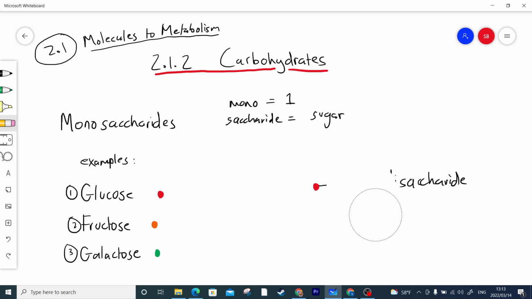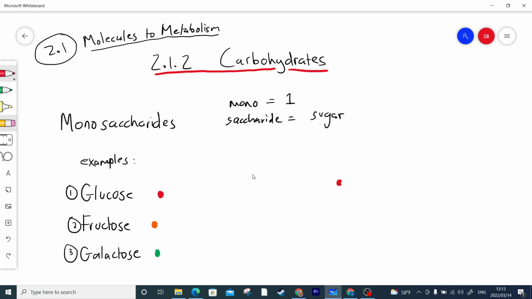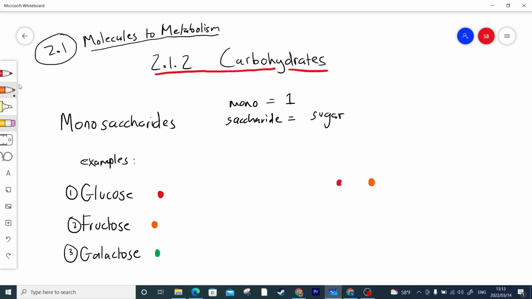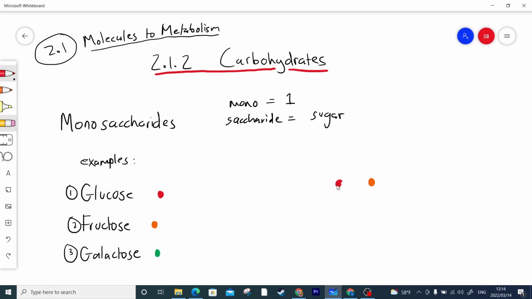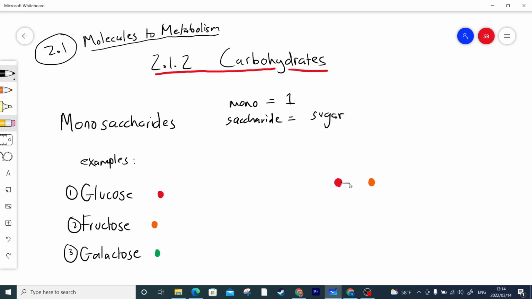Let's take another example of a disaccharide. Let's take glucose and let's take fructose now and put these together. Join it up with a bond.